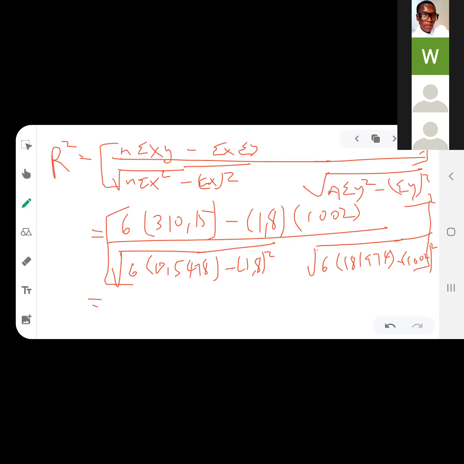Your calculator does not have a fraction, so what you can do is start by solving the upper part. What is the answer on top?